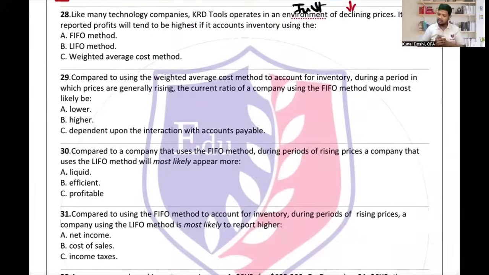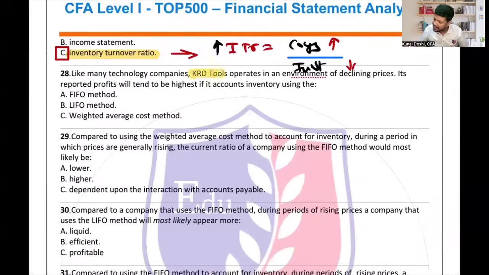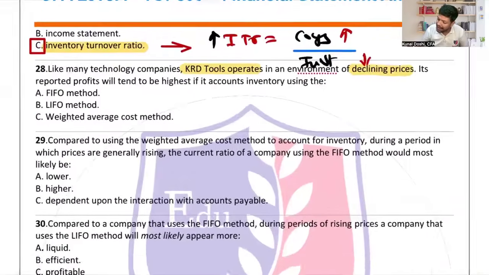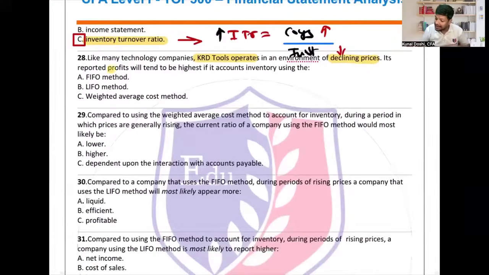Okay, check this. Next, like many technological companies, KRD Tools operates in an environment of declining prices. Its reported profit will be highest if its inventory is using which method? See, normally we assume the prices are rising. If the prices are rising, LIFO COGS are bigger.